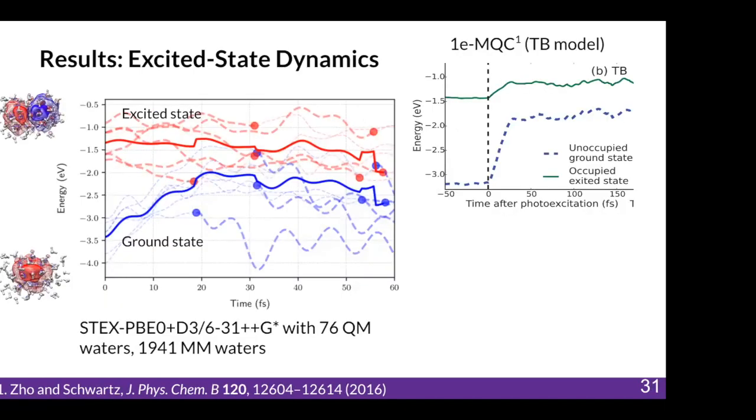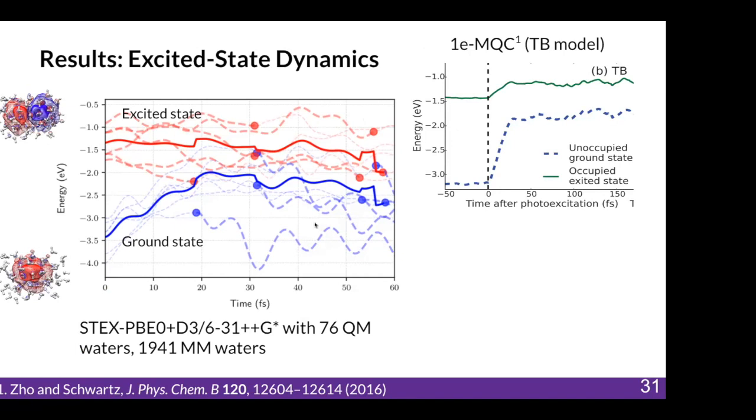Now I'd actually like to go into some results for the excited state dynamics. What we again see is something that is at variance with the one-electron mixed quantum classical model. For a set of surface hopping trajectories, we predict a relaxation on the excited state of the hydrated electron following photoexcitation, while the mixed quantum classical model actually predicts a destabilization on the excited state of the hydrated electron.